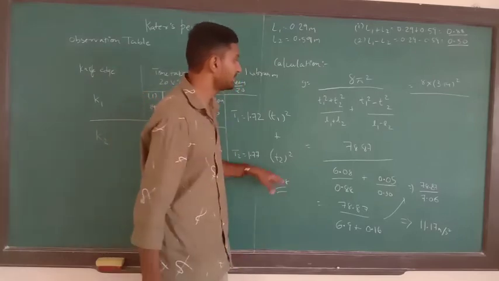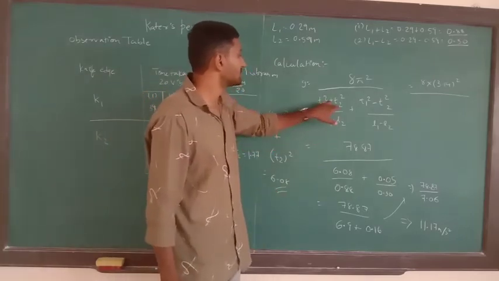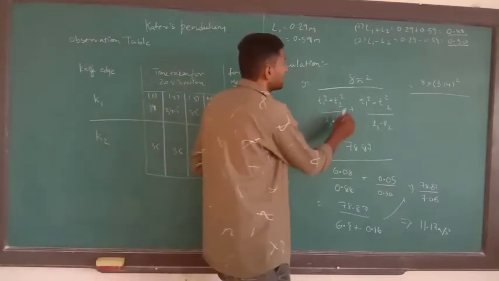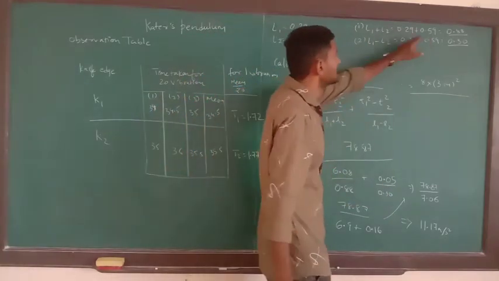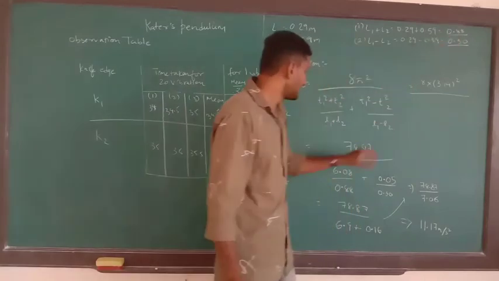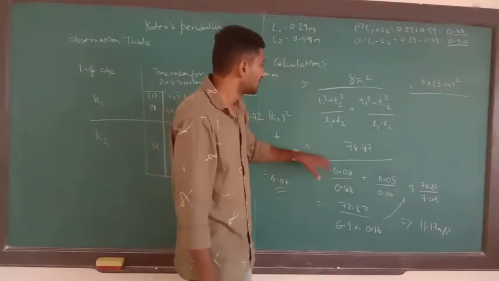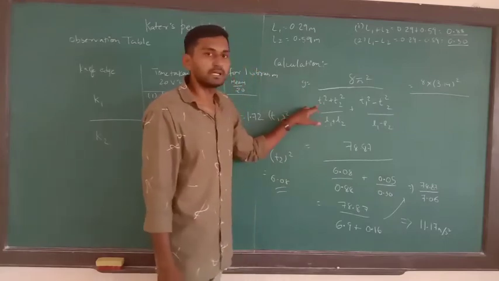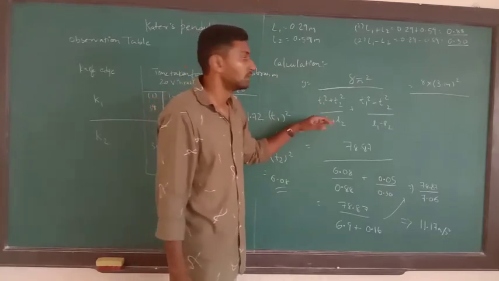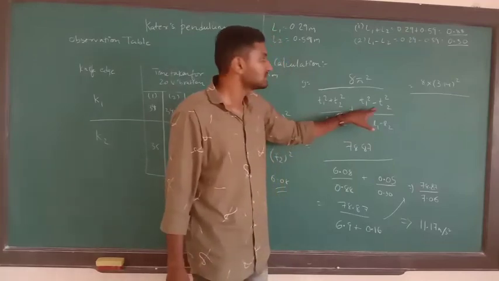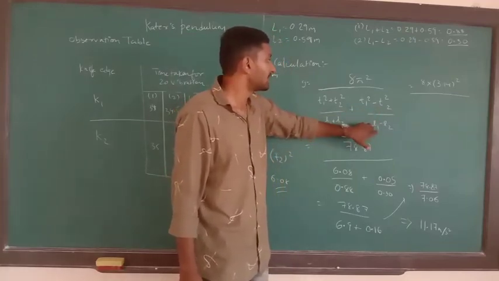6.08. So we write T1 square plus T2 square as 6.08, and L1 plus L2, which we obtained from here, is 0.88. So we will write 0.88 just below the 6.08. So this is T1 square plus T2 square divided by L1 plus L2. Now for the second term, T1 square minus T2 square divided by L1 minus L2.